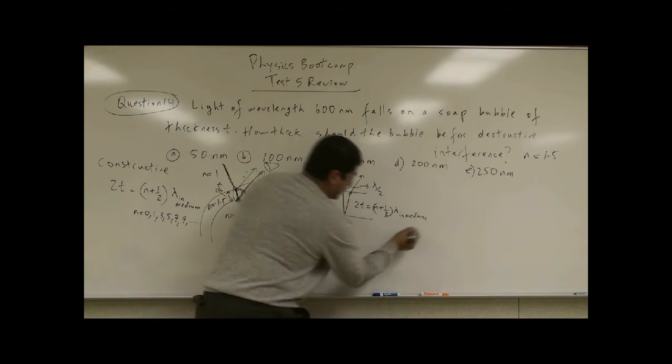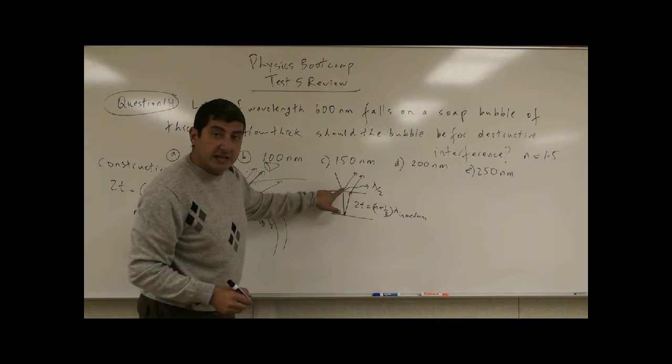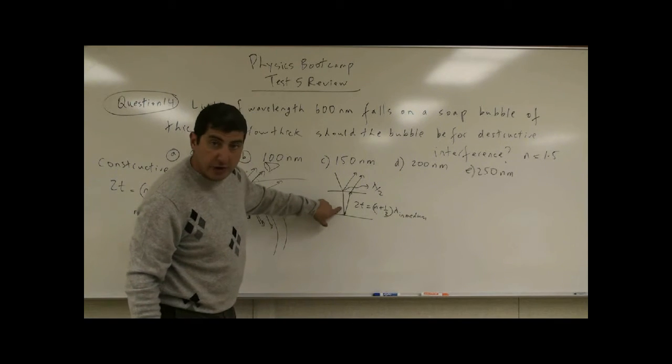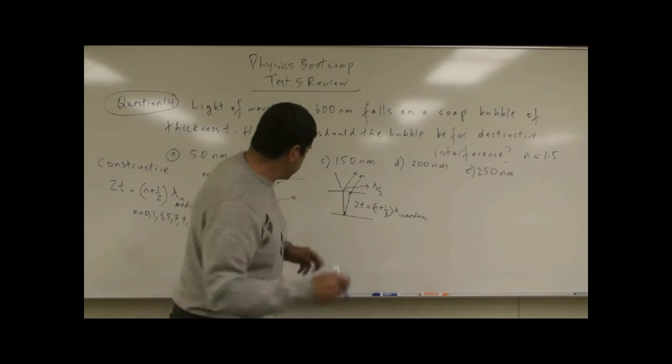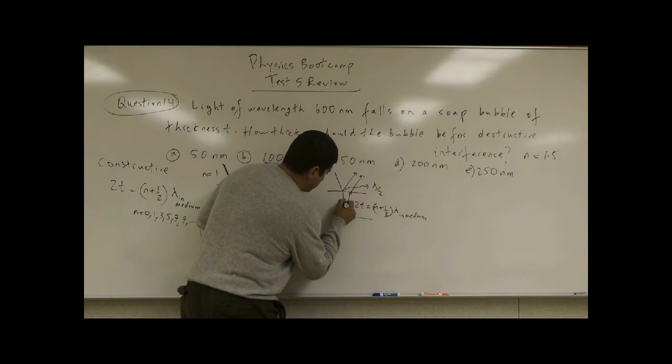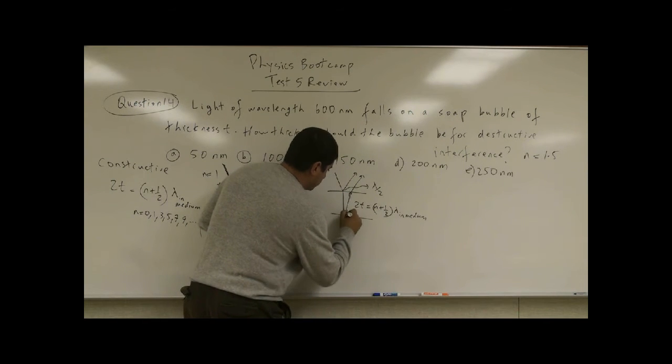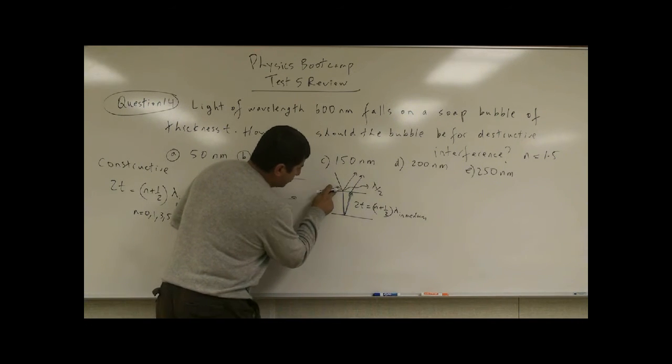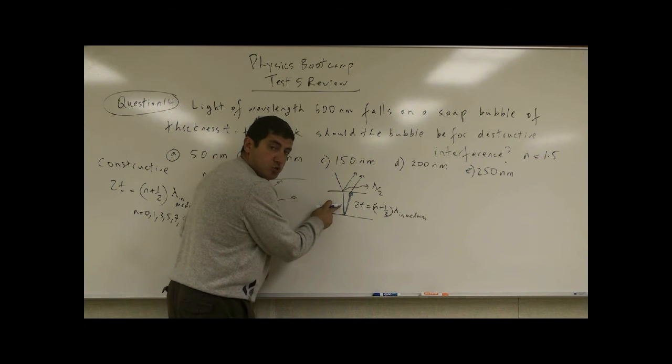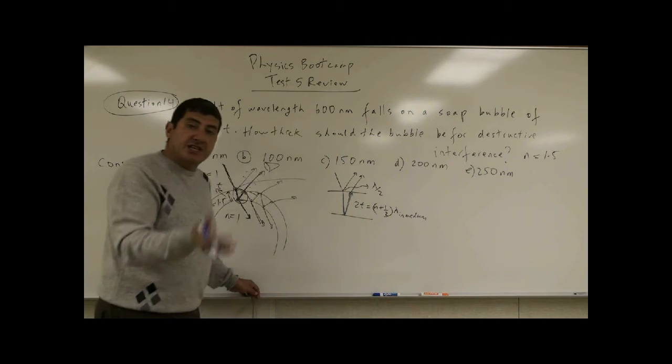So the logic behind it is this. Since this guy is already out of phase from this wave, we can make this in a different color. The black one is already out of phase from the blue one by 180 degrees.